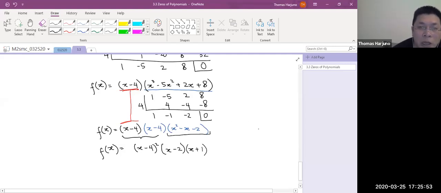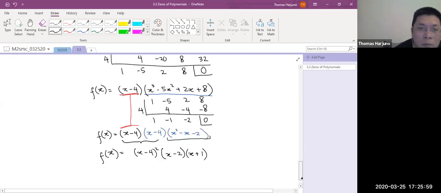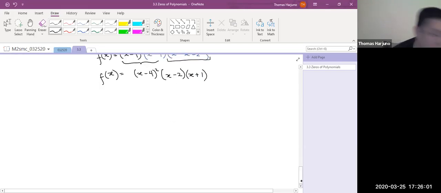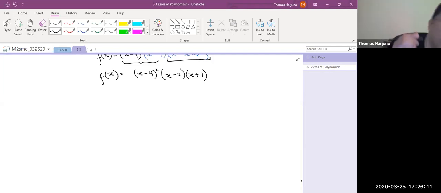Now you see that once we write them in factored form, we can actually graph them already. Yeah. The question in this number 28 only asks us to write it as a product of linear factors.